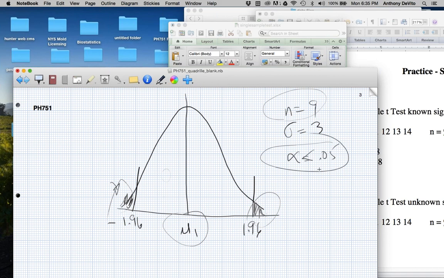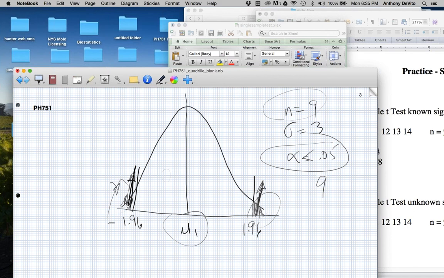We'd be 95% certain. So if I take a sample of size 9 and I get a result that's outside of this number of standard errors, that would be expected to occur less than 5% of the time by chance alone.